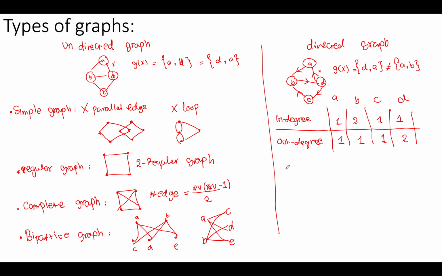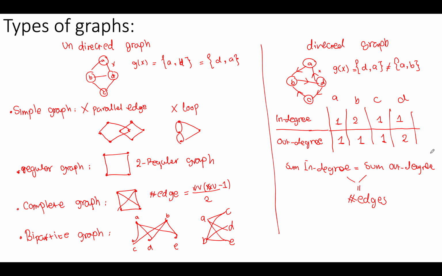Now we've got a theorem that says the sum of in degrees should equal the sum of out degrees, and it is also equal to the number of edges in this graph.